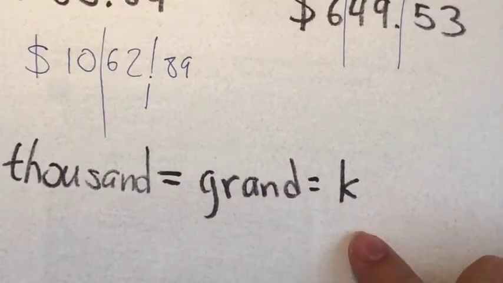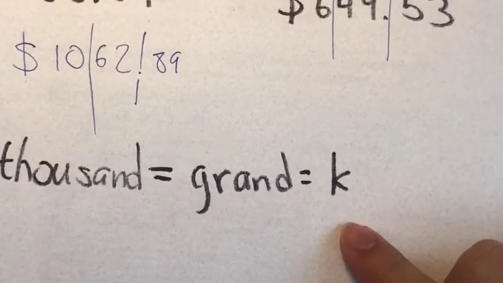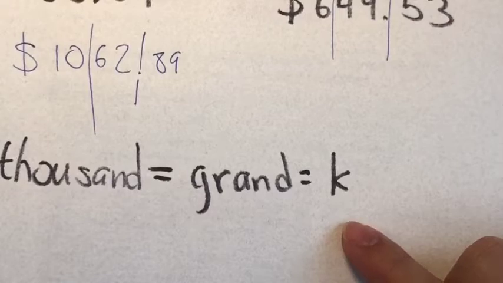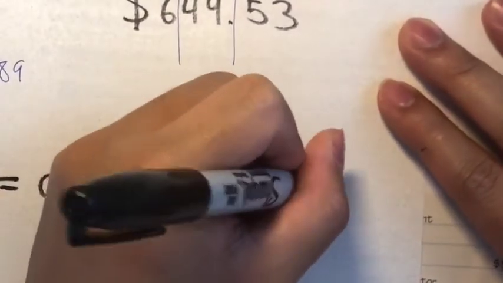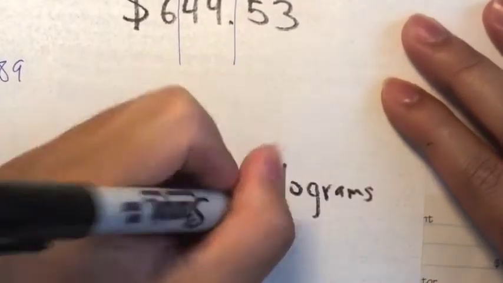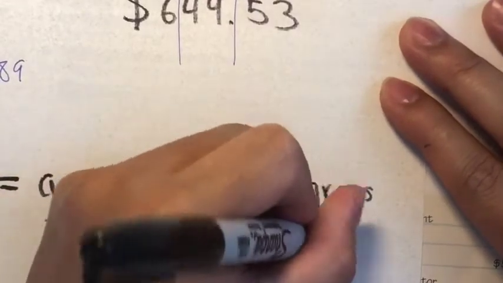Why the letter K? Well, if you remember in lesson 9 maybe, we learned about measurements. So we know that the K in the metric system can stand for kilograms or kilometers.